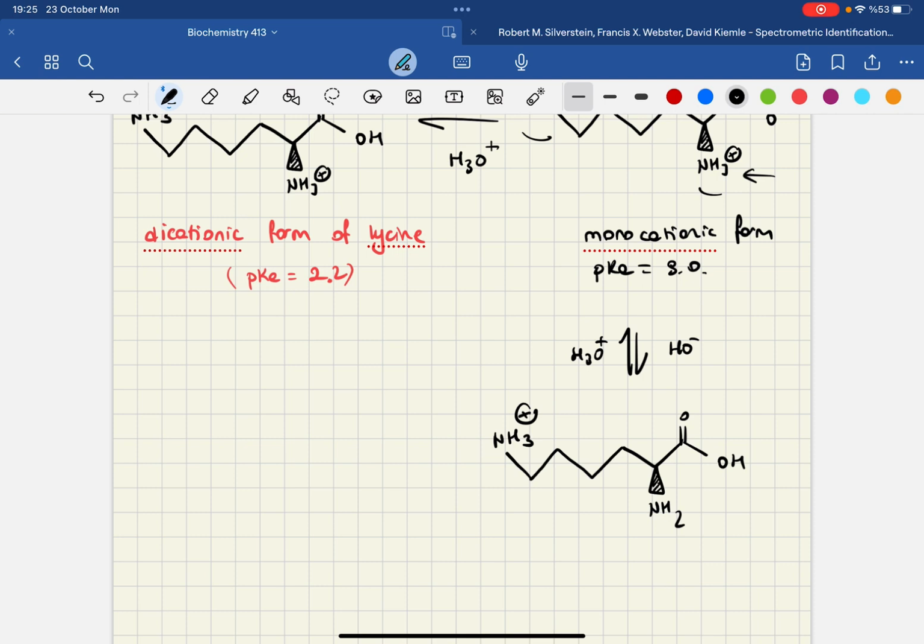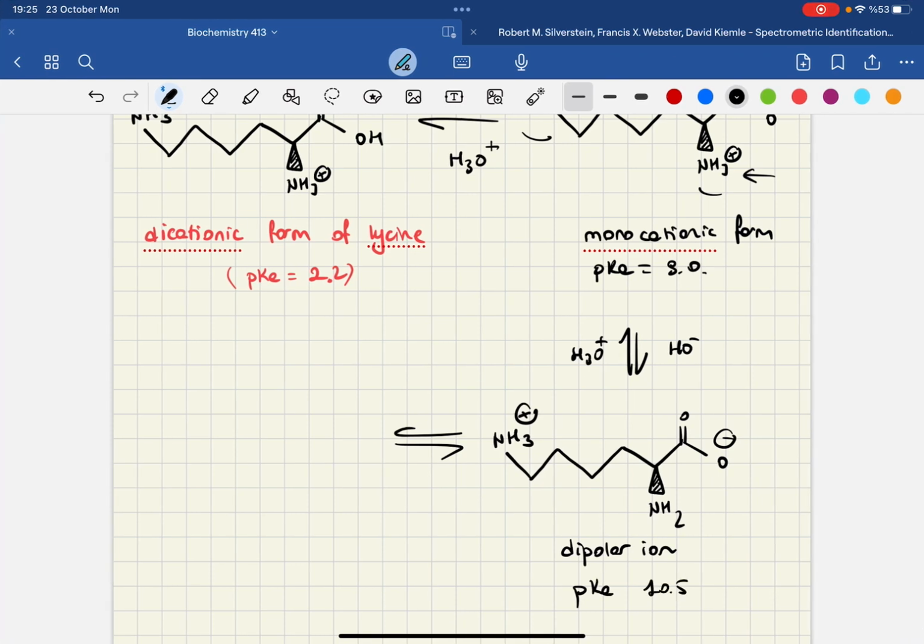All right, and then again we have the same. This is the dipolar ion. Okay, we have the negative charge, positive charge. It's therefore a dipolar ion, and it has a pKa of 10.5.